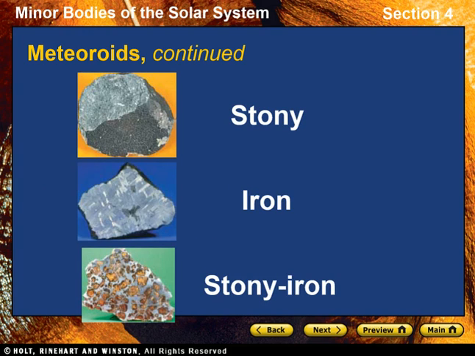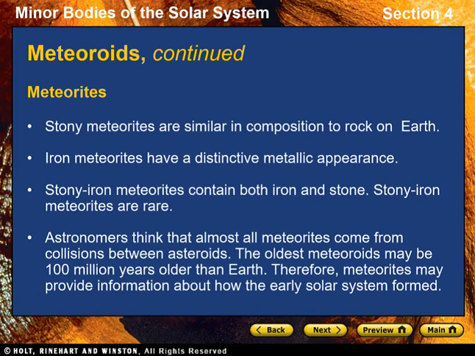Meteorites can be classified into three basic types: stony, iron, and stony iron. These three types of meteorites are shown on the screen here. Stony meteorites are similar in composition to rocks on Earth. Some stony meteorites contain carbon-bearing compounds that are similar to the carbon compounds in living organisms.